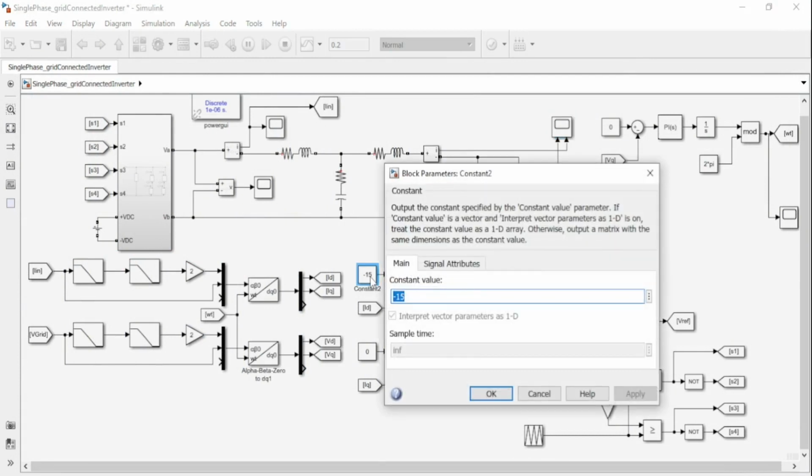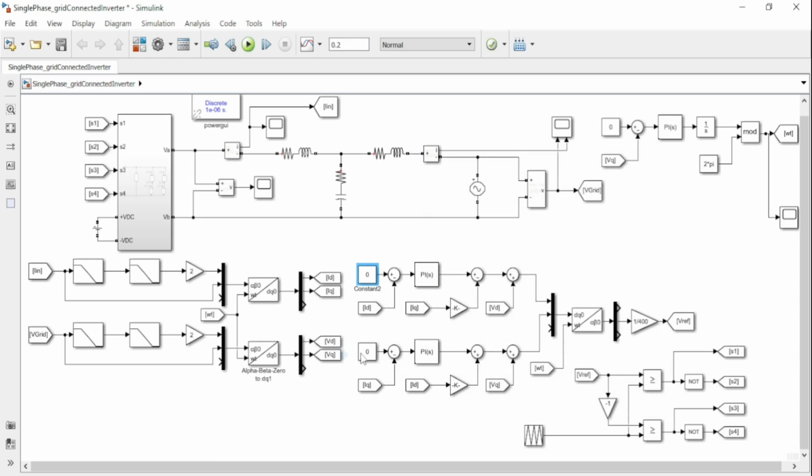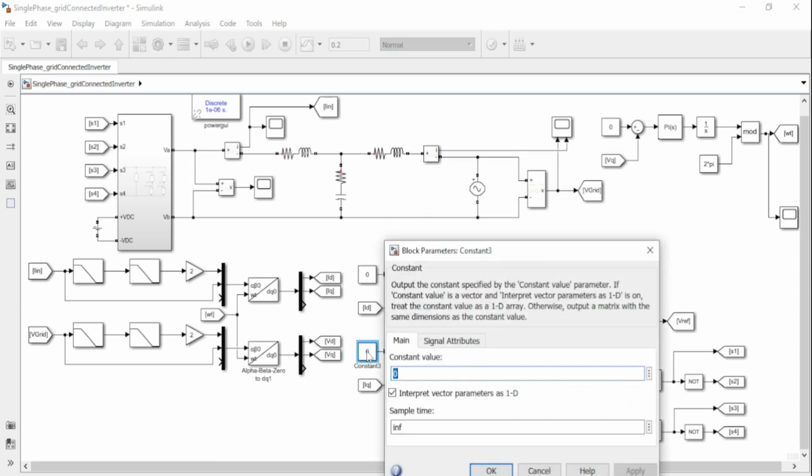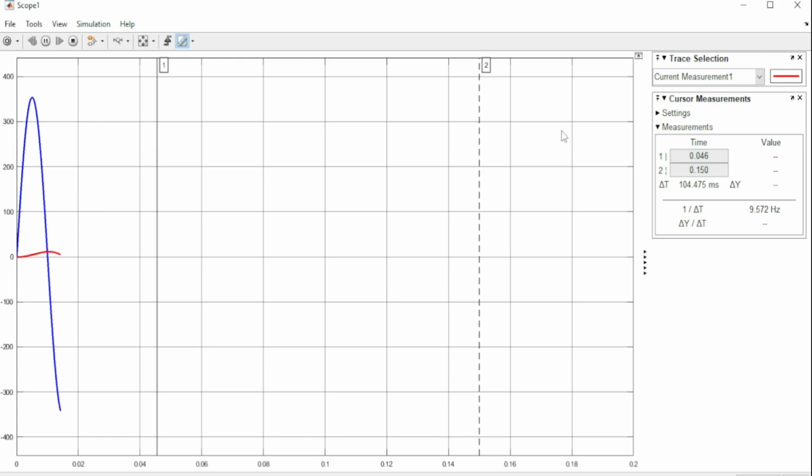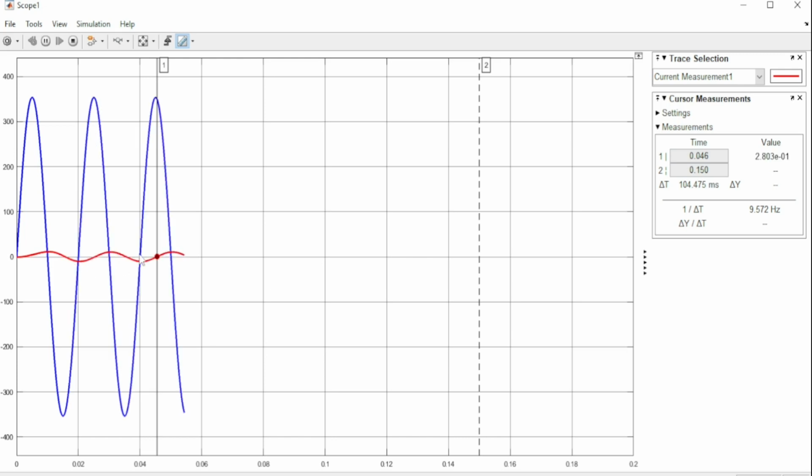Now here we try to send the reactive power. If we set our Q-axis to -10, we see that the current leads the voltage by 90 degrees.